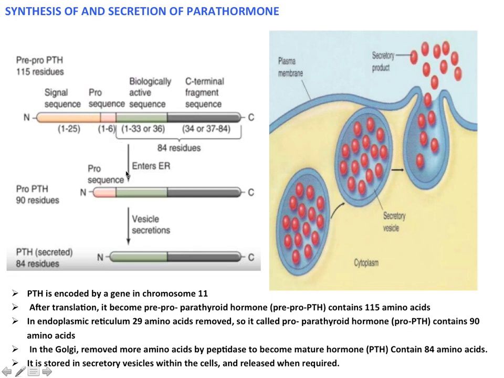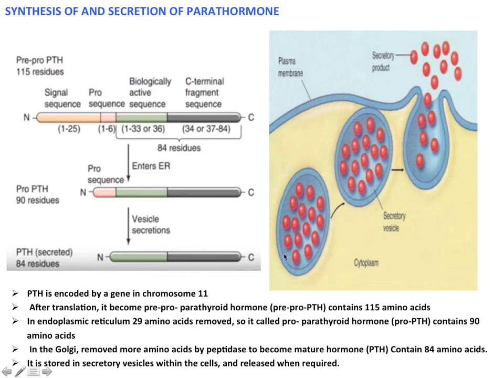Then it enters into the endoplasmic reticulum, and its N-terminal sequence is spliced out, and it becomes the pro PTH, and pro PTH contains 90 amino acid residues, and finally it comes into the secretory vesicles and is stored here, and it is converted into activated PTH, that is the 84 amino acid containing hormone.